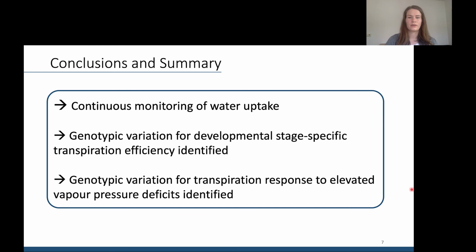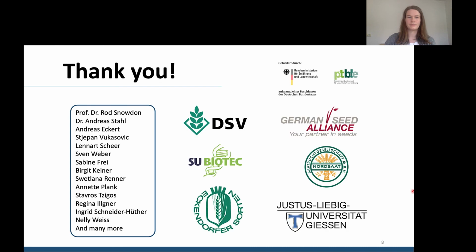And also the resulting high-resolution data enabled us to identify hidden genotypic variation for developmental stage specific genotype rankings in transpiration efficiency, and also for the regulation of transpiration under high vapor pressure deficit conditions. So these are potentially beneficial traits when it comes to breeding for drought-adapted cultivars for a more sustainable crop production.